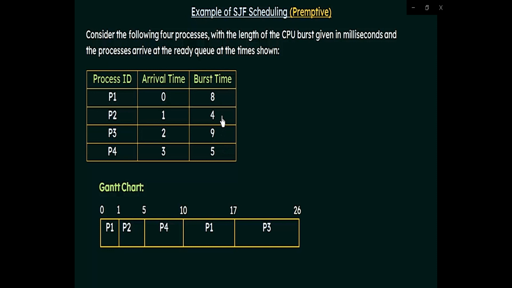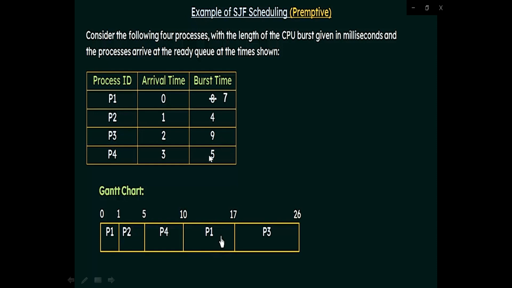Now after this, check the lowest burst time. P1 has executed for 1 unit of time. P2 has completed its execution. P3 needs to be executed now, and P4 is 5.